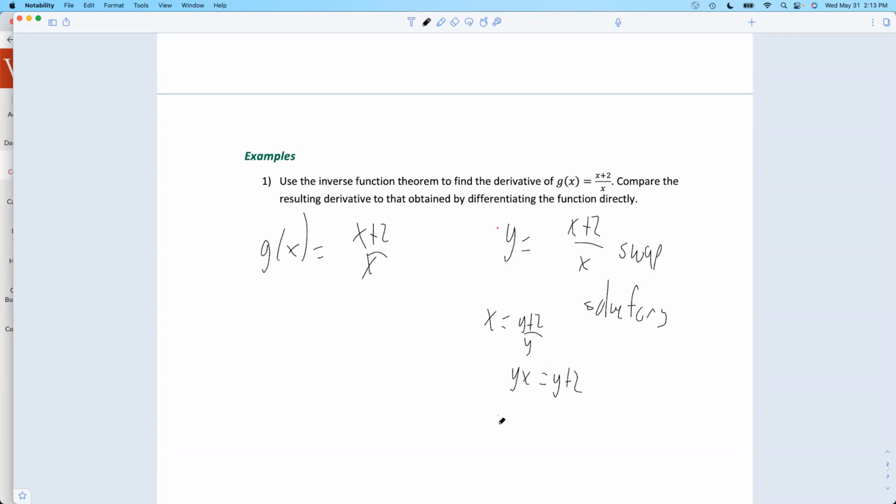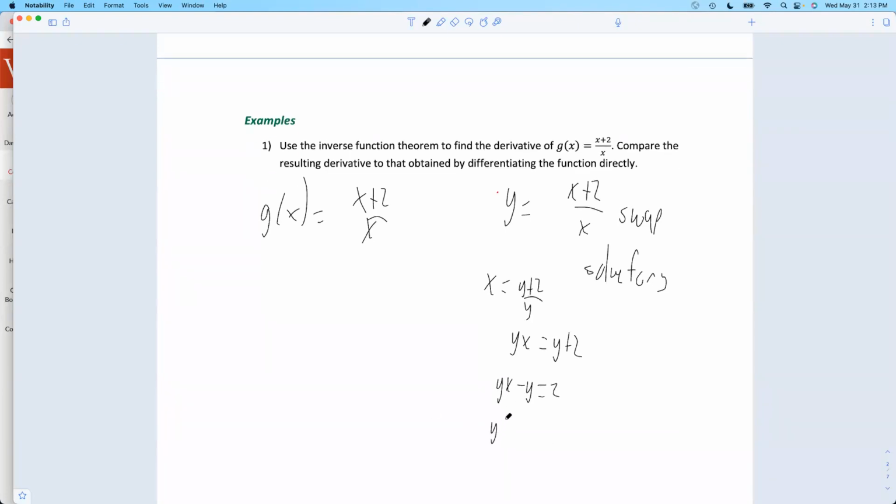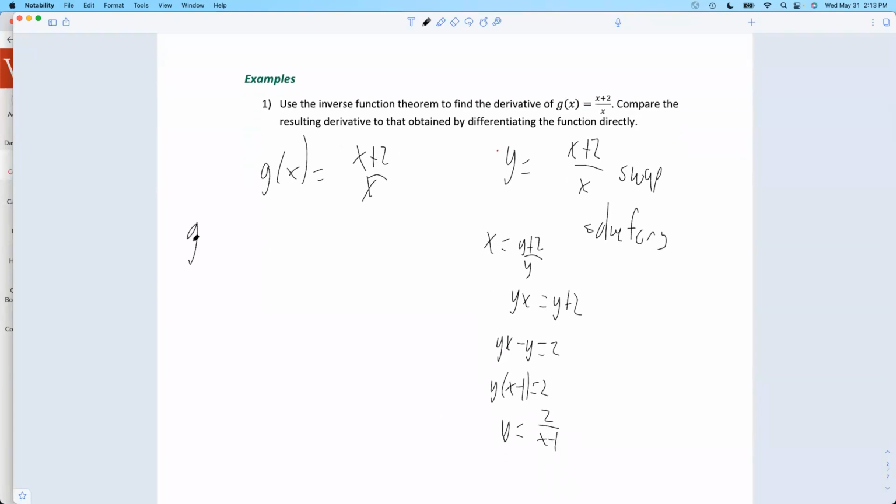Get all my y's together. Factor a y out. And then divide. I would get y equals 2 over x minus 1. So that's my inverse. G inverse would be 2 over x minus 1.